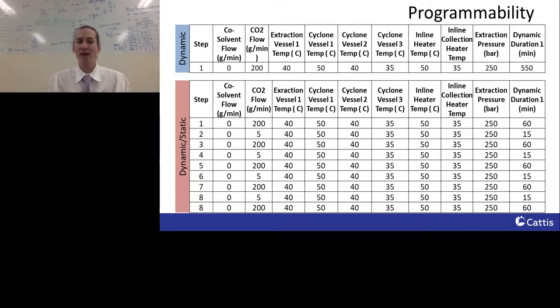When we're extracting at 200 grams per minute, that's the dynamic leg of the run. When we reduce our flow to 5 grams per minute, we're calling that a static soak. Yes, we're flowing some CO2, but at 5 grams per minute, it's essentially just soaking there. And all the way to the right, you can see we're extracting at 250 bar, alternating 60 minutes flowing at 200, and then reducing the flow for 15 minutes at 5, and we keep doing that.